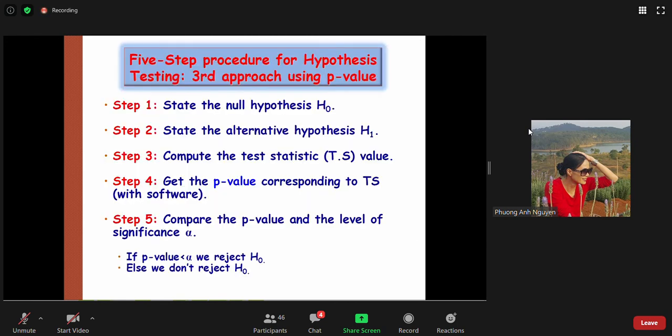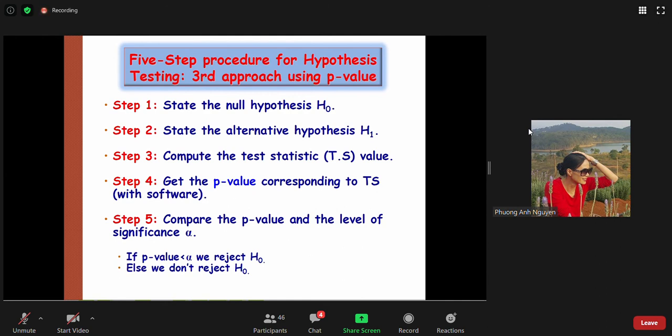If you go back and look at the slide, you see the summary. For the third approach, using the p-value, we state the null hypothesis H0. Then we state the alternative hypothesis H1. You calculate the test statistic. You consider the test statistic to be the critical value.